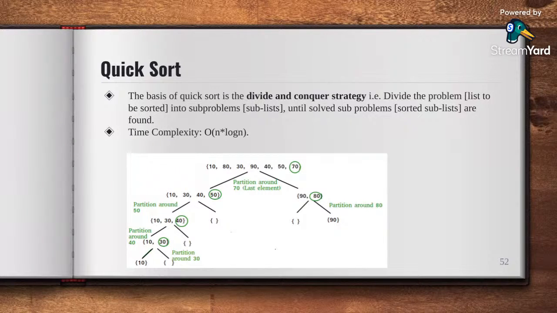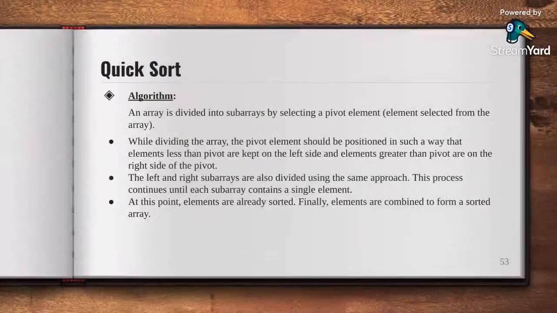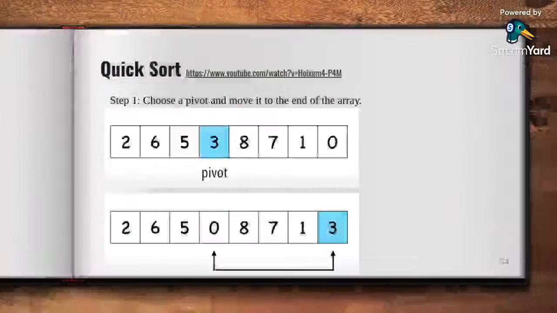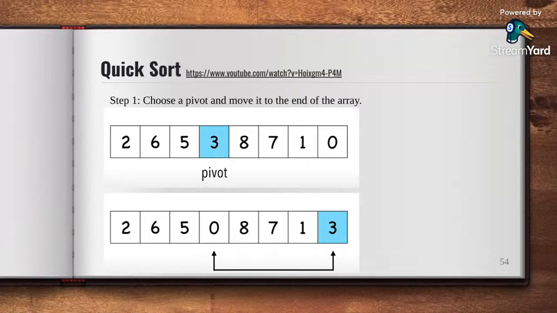Partition around 70. How are they dividing? 10, 30, 40, and 50, and then 1980. Partition around 50. Choose a pivot and move it to the end of the array. Then start comparing the elements greater than the pivot and smaller than the pivot, and then swap them, I believe.